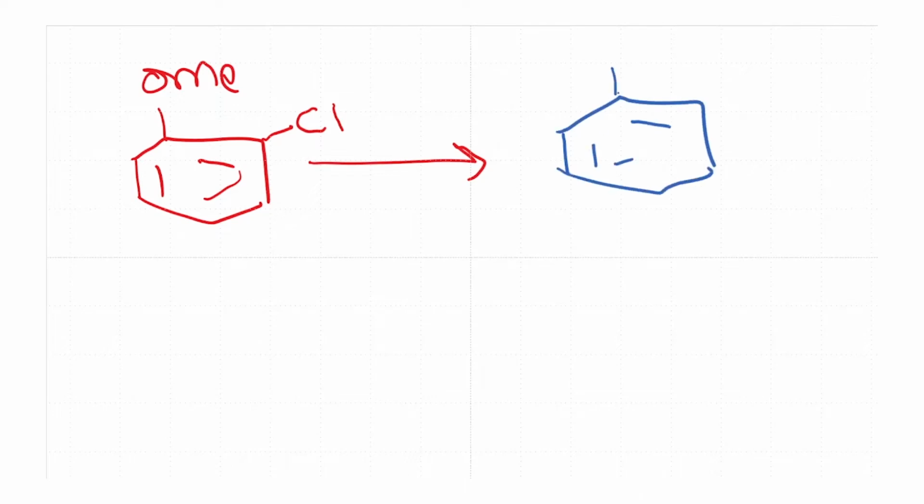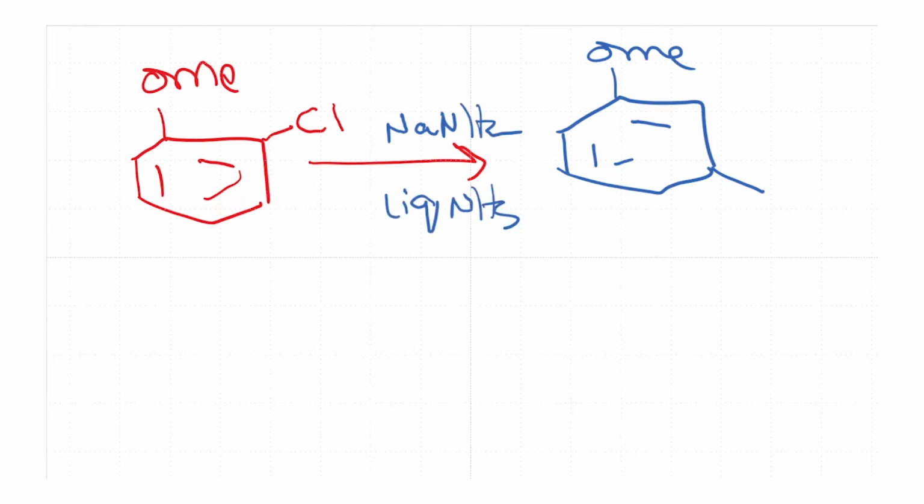So when you start with, let's say, methoxybenzene, which is basically anisole, with the chloro in the 2 position, and we are using NaNH2 in liquid ammonia, the product that is formed is the following molecule, which is the 1,3 substituted product.